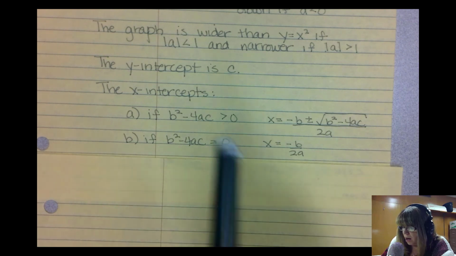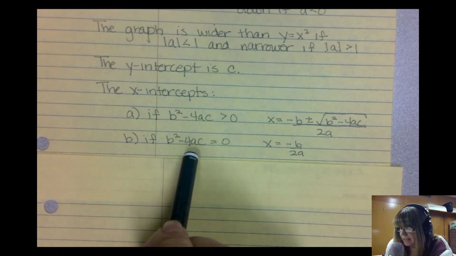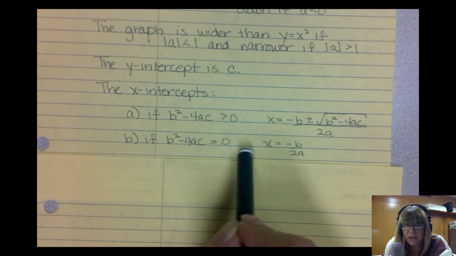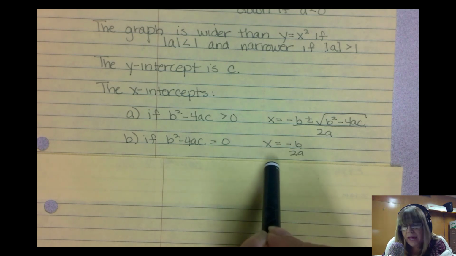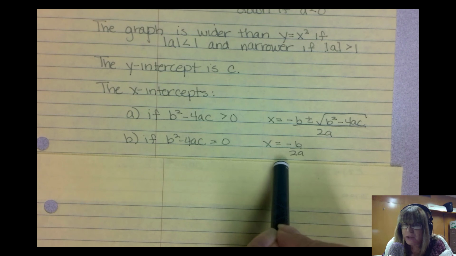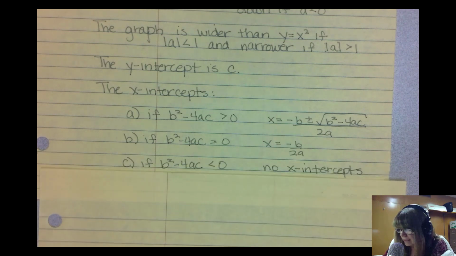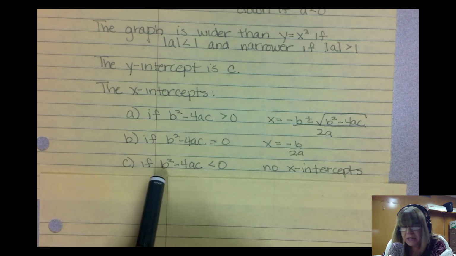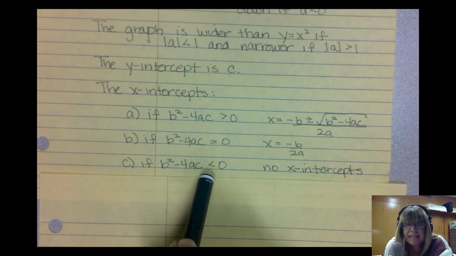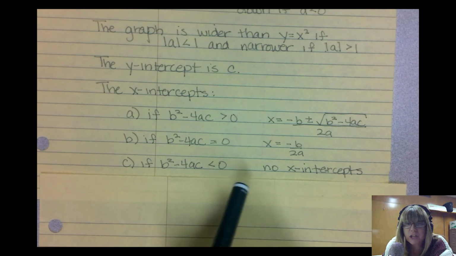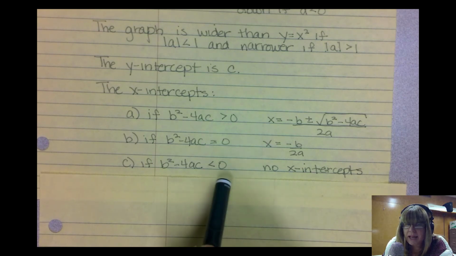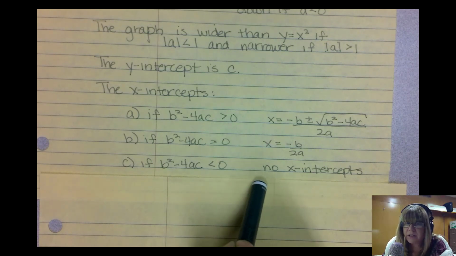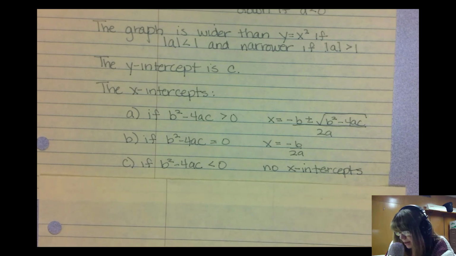If our b squared minus 4ac actually equals 0, then our x value is going to be negative b over 2a. In other words, our h value. And if our b squared minus 4ac is less than 0, then there's actually no intercepts, because we're not allowed to take the square root of a negative number in the real numbers, and therefore there are no intercepts.